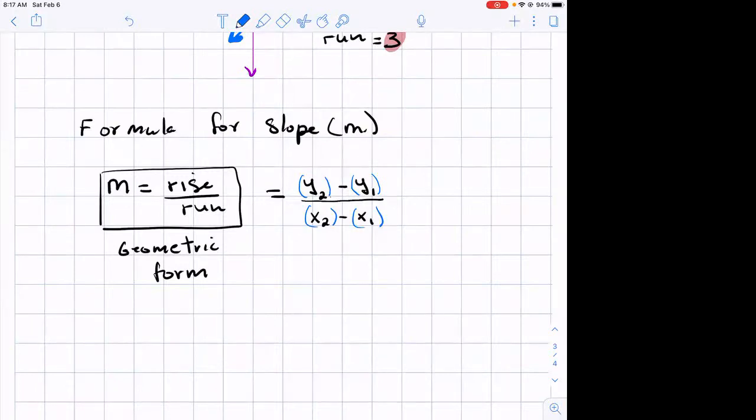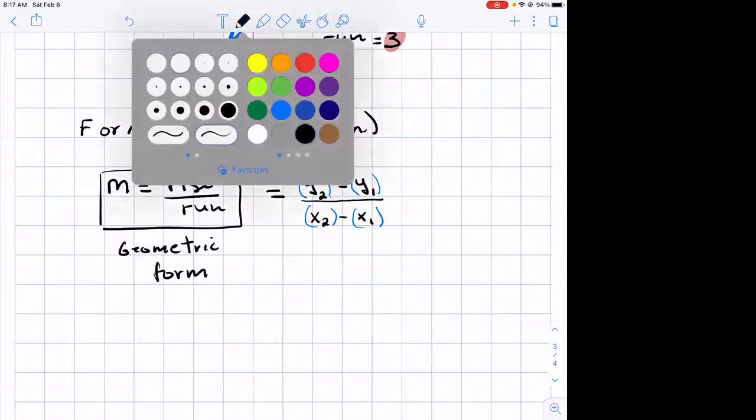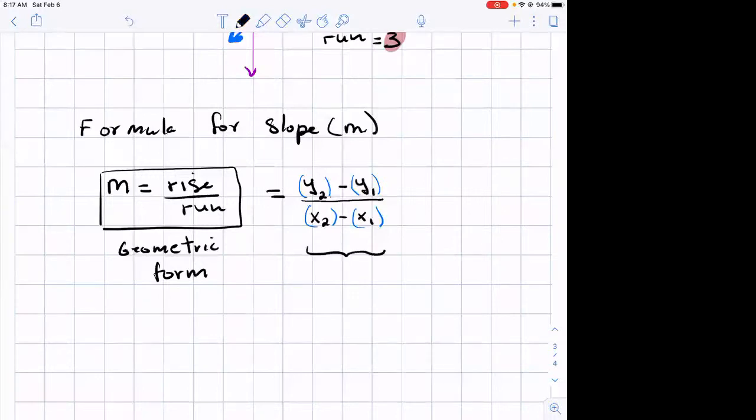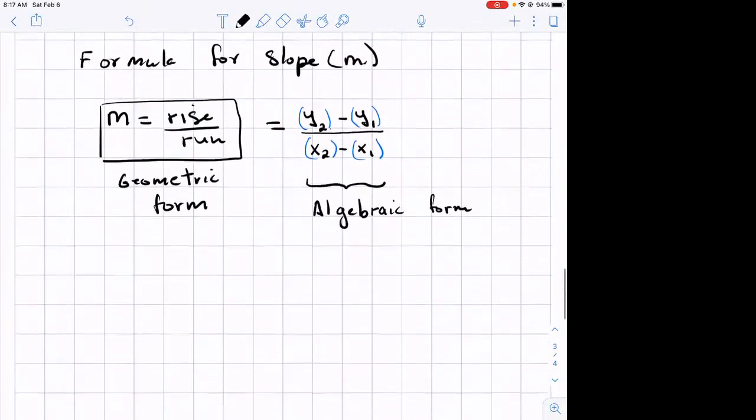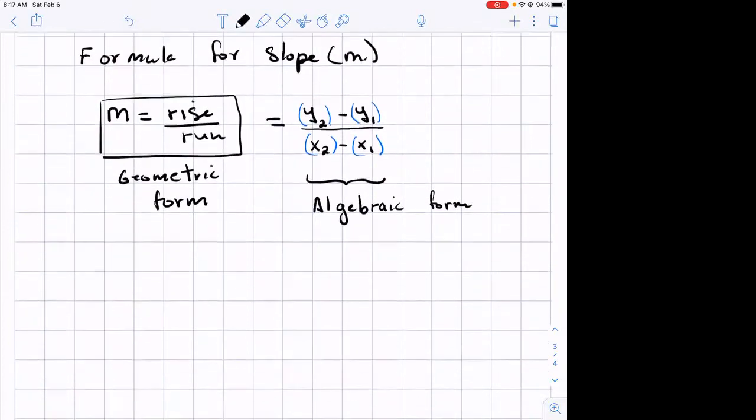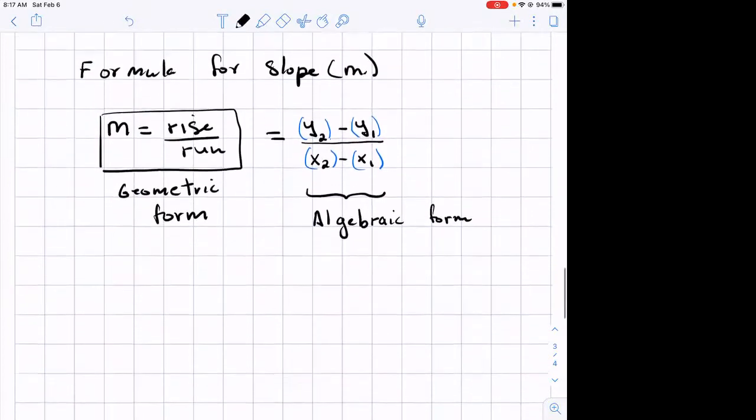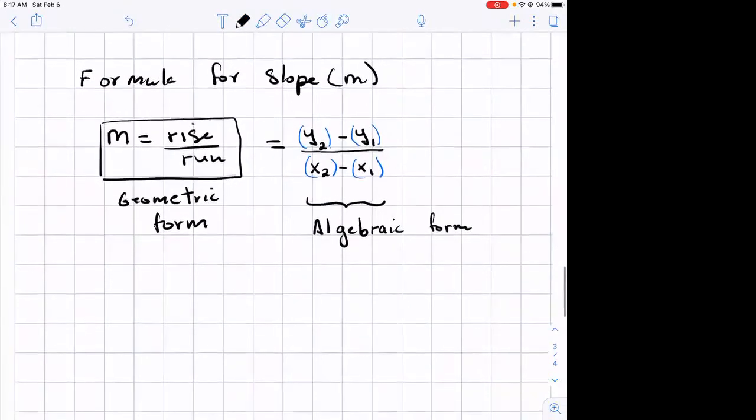So rise over run is the same as y2 minus y1 divided by x2 minus x1. And we refer to this here as the algebraic formula. Okay? The algebraic form. So we can use this here formula.